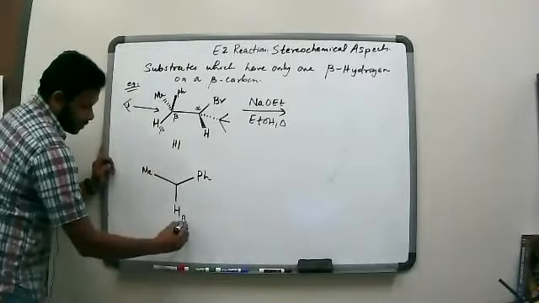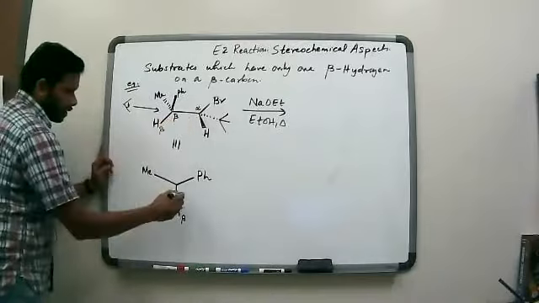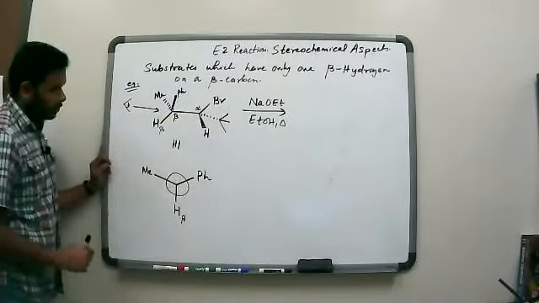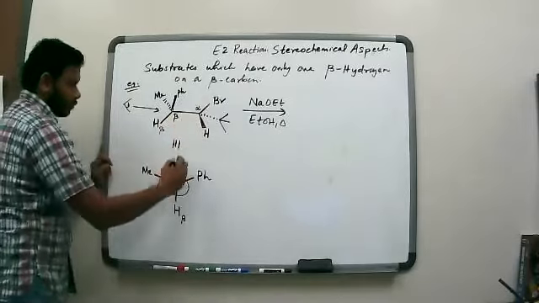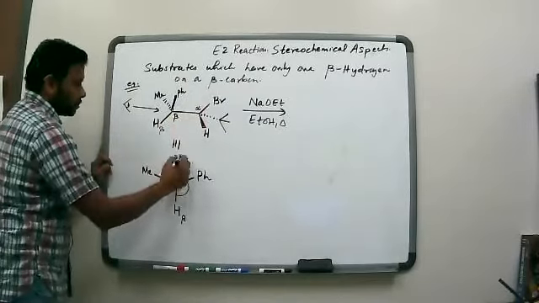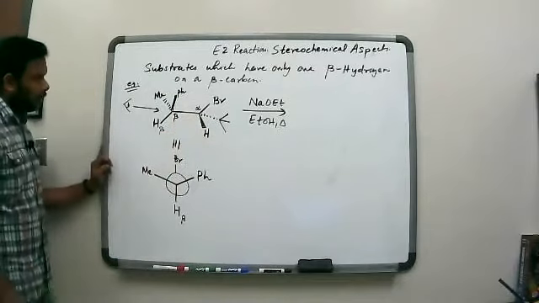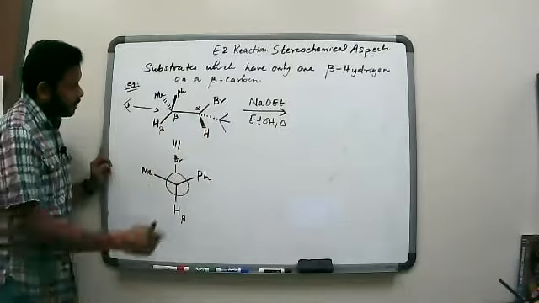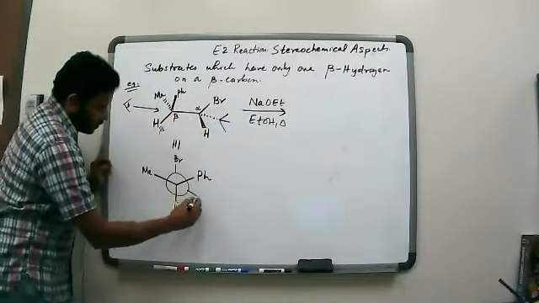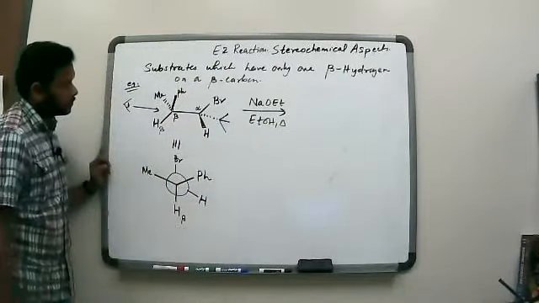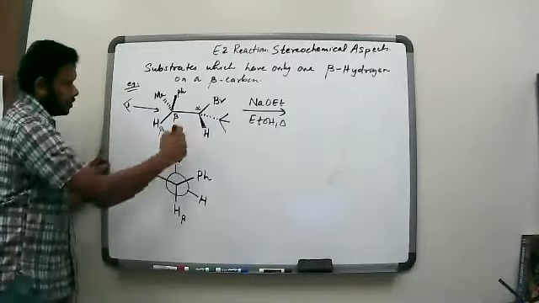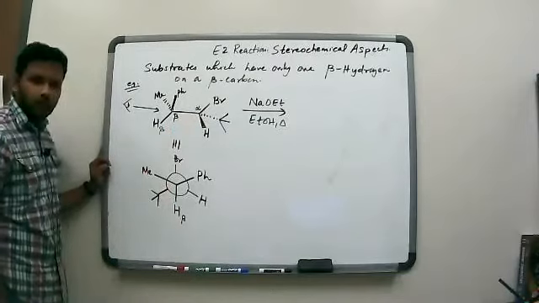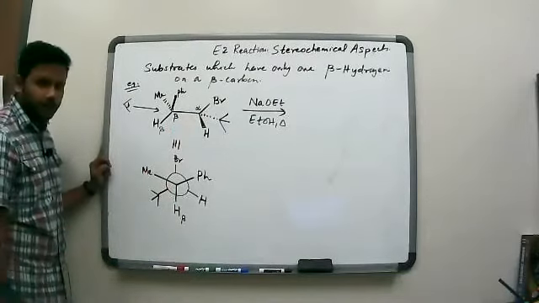And this is actually our H beta. On the back carbon, which is the alpha carbon, we have bromine pointing straight up. And then to the right is a hydrogen, and to the left is this tert-butyl group. Okay, so that's my Newman projection.